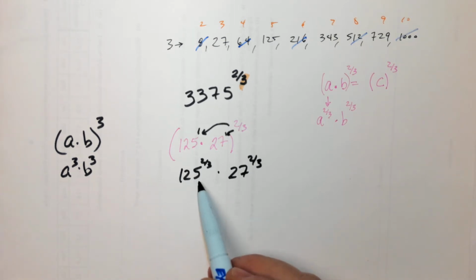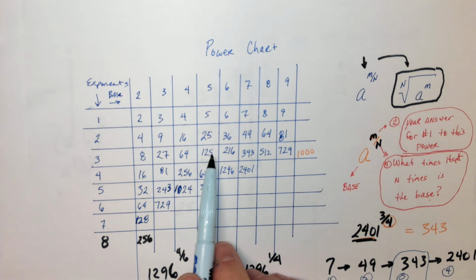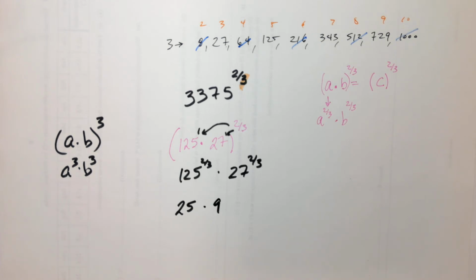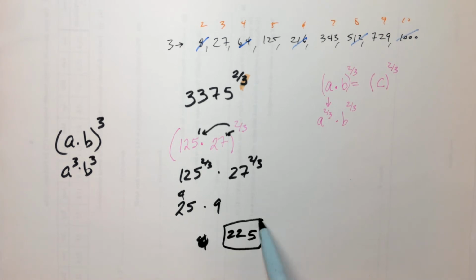Looking at our chart, the 2/3 power of 125 is 25, and the other would be 9. And 25 times 9? 5, carry the 4. 225.